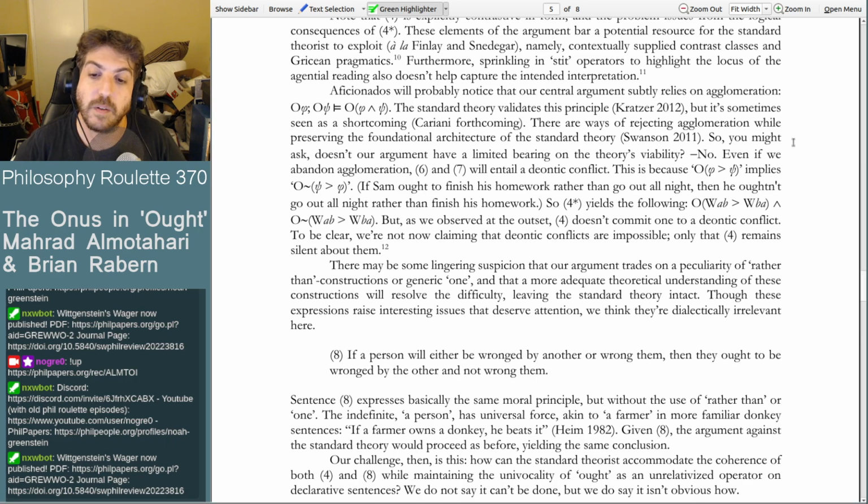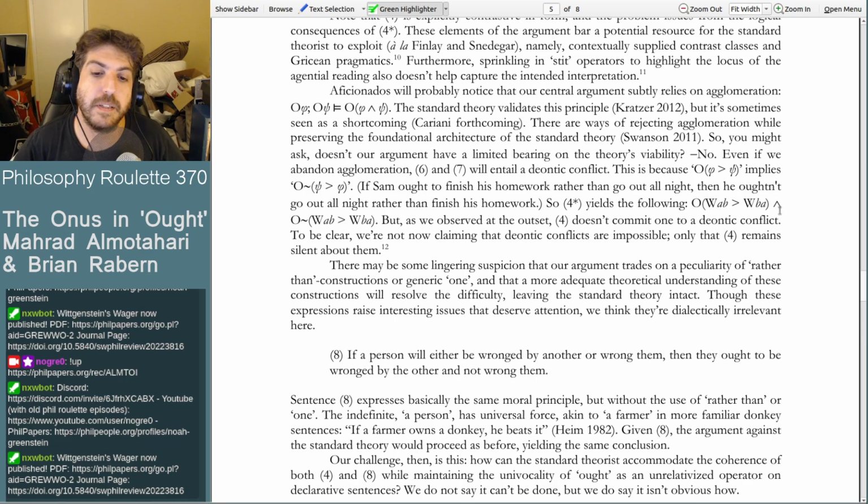So 4 star yields the following: O(WAB > WBA), and O(not WAB > WBA). In technical terms, this O is called, just from my own nerdiness, factive. It is sort of a factive operator. And you can just drop off the O if you want, then you get a standard contradiction.